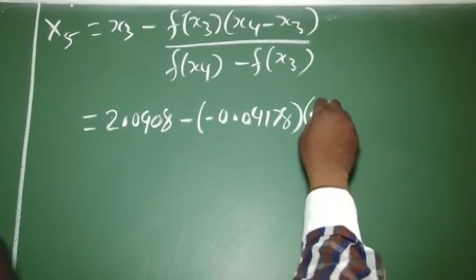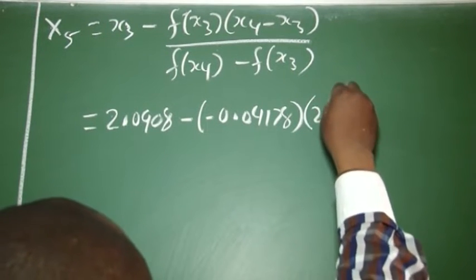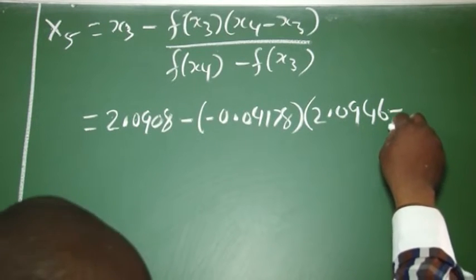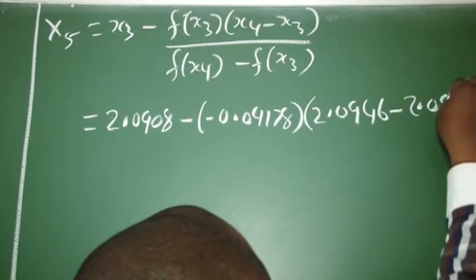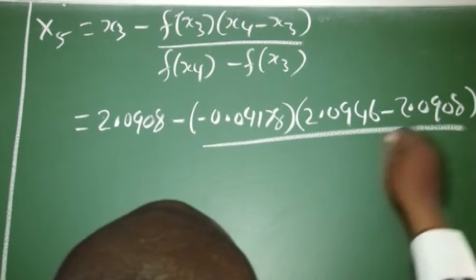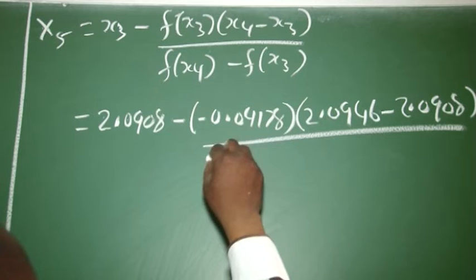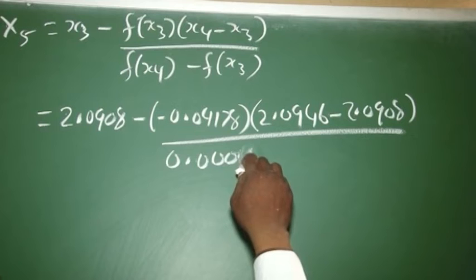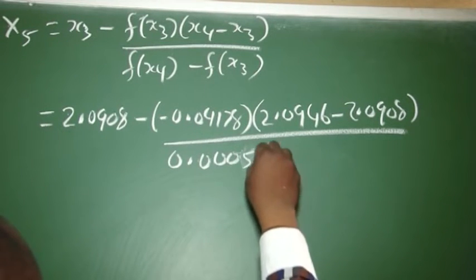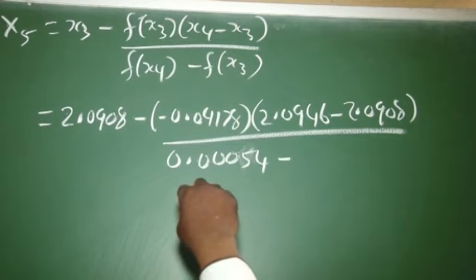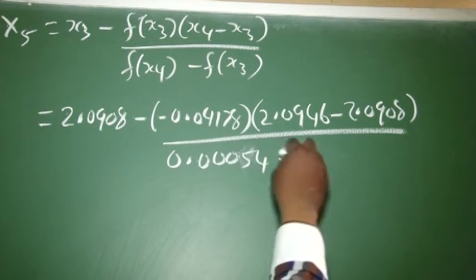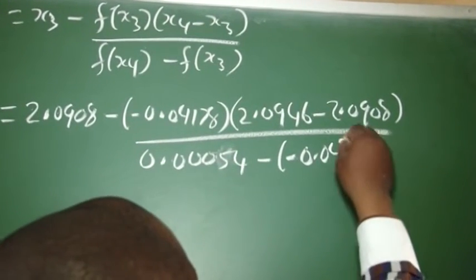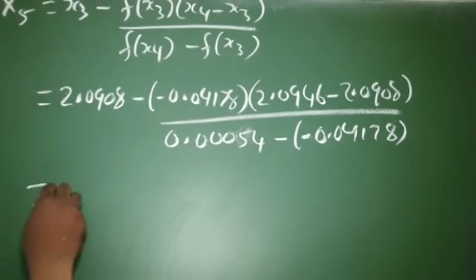Then x4 is 2.0946 minus x3, x3 is 2.0908, over f of x4, which is 0.00054, minus f of x3. f of x3 is minus 0.04178.